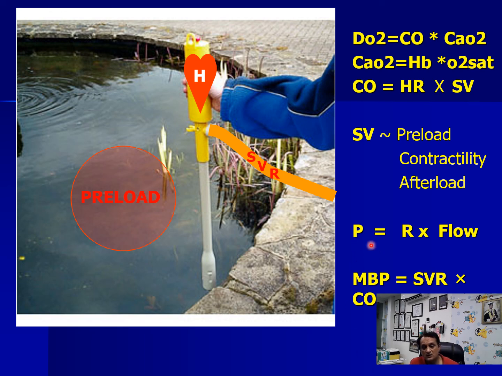So pressure is directly proportional to the flow, and it is inversely proportional to the radius of that tube. Mean blood pressure is representative of your systemic vascular resistance and cardiac output. And normal blood pressure does not mean anything.